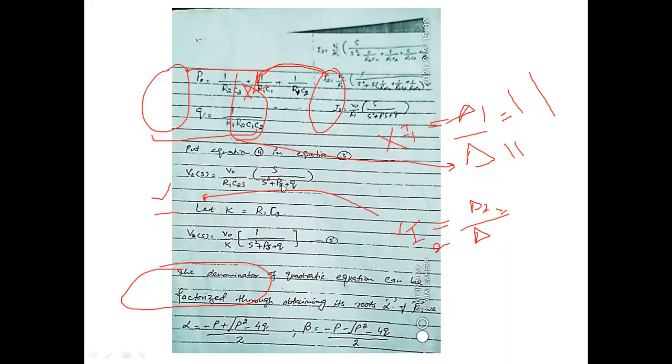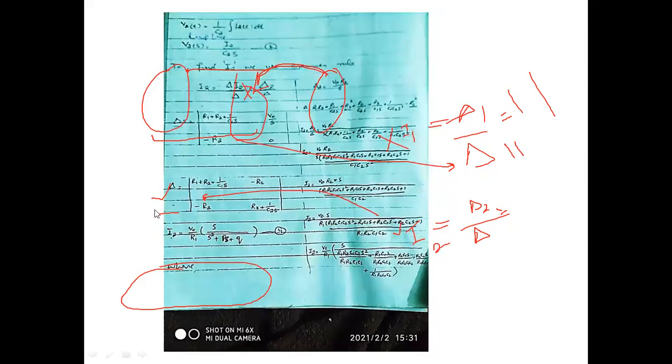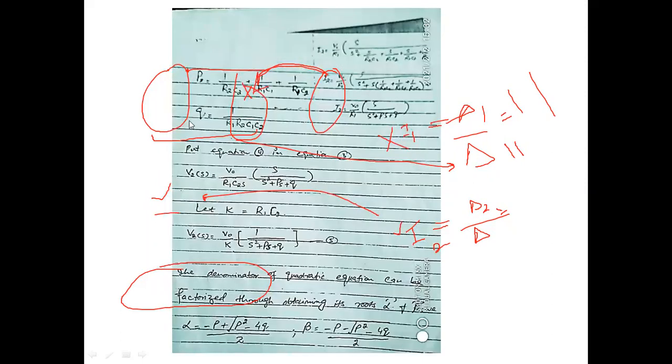So if we put p instead of this whole expression, that makes our calculation easy for us. That is the reason behind putting p instead of the whole expression. And q is equal to 1 over R1 R2 C1 C2, again a constant value.